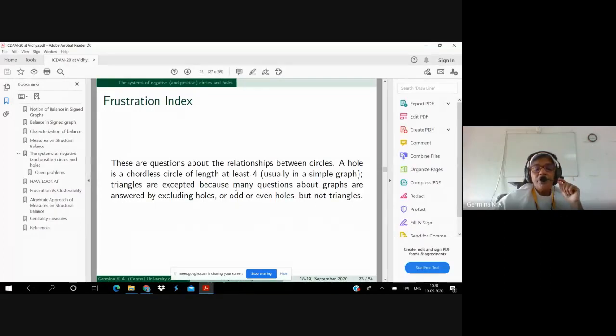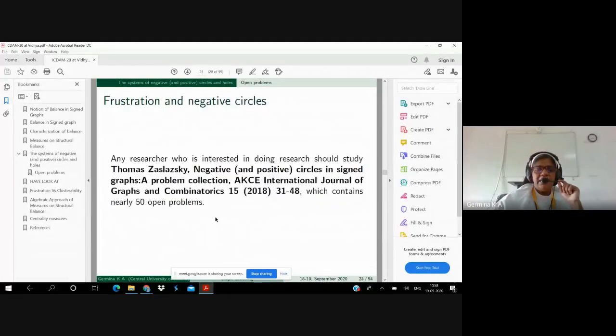Triangles are excluded because many questions about graphs are answered by excluding holes, or odd or even holes, but not triangles. So basically, triangles have to be studied in detail.